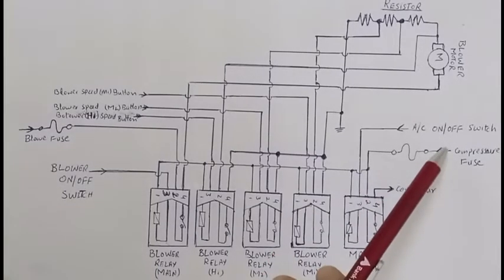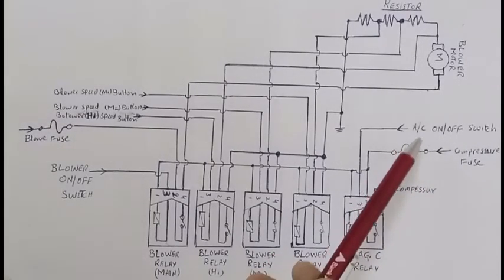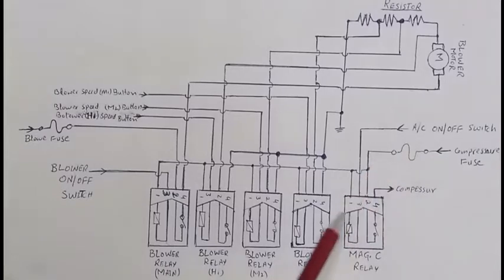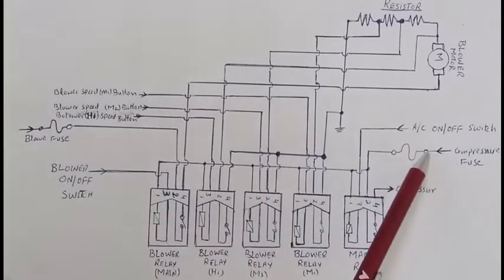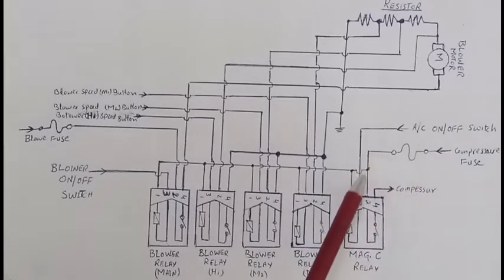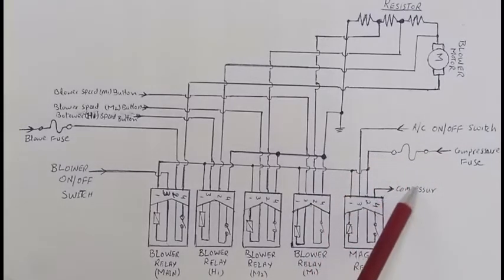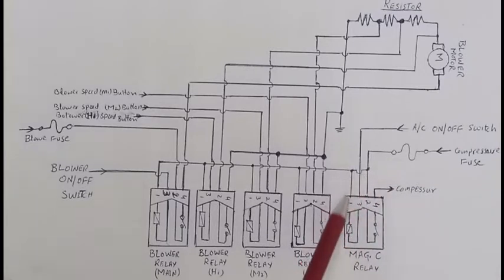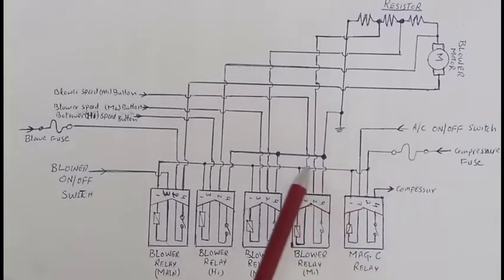This fuse gives the power to the coils of these relays. You can see the current is flowing to the compressor and also to this coil, and current is also going to this coil, to this coil, to this coil.